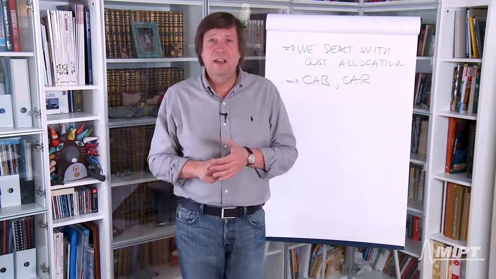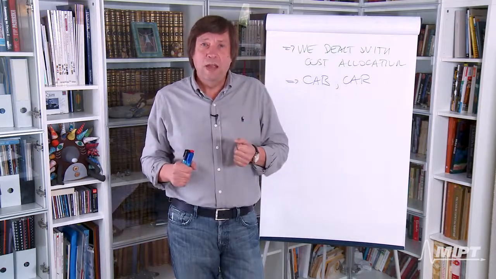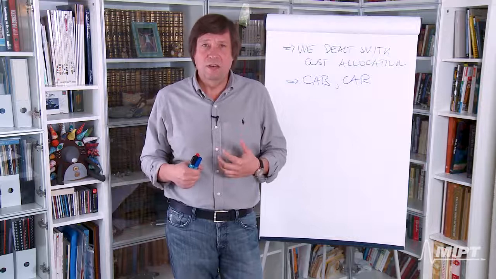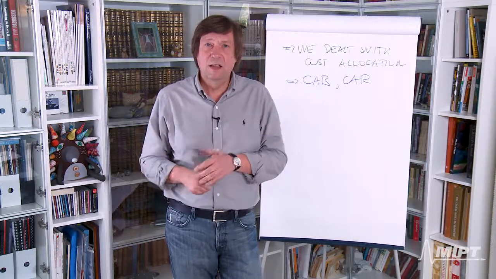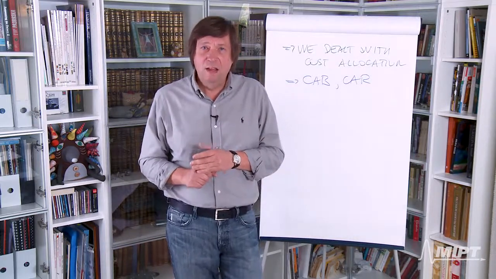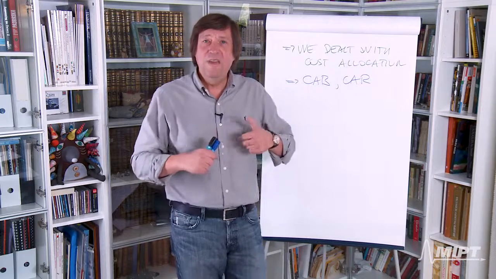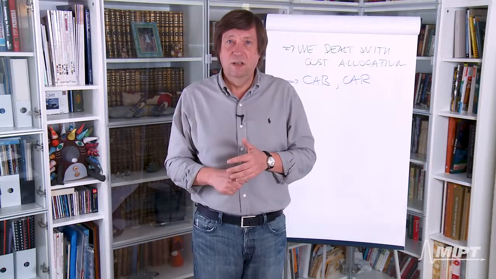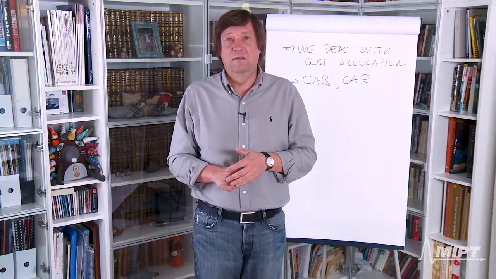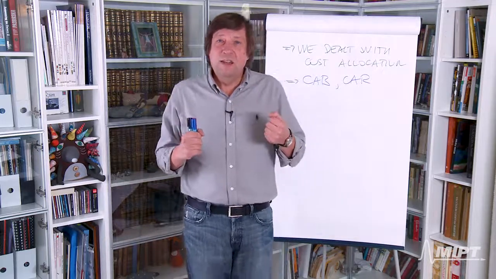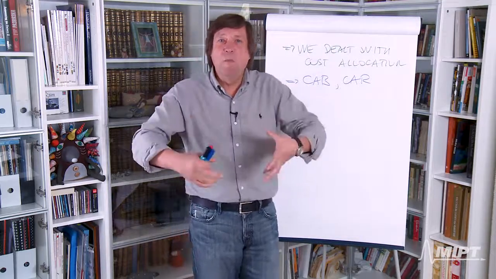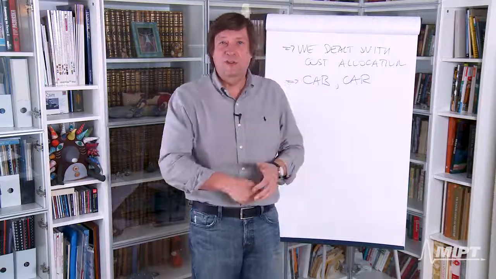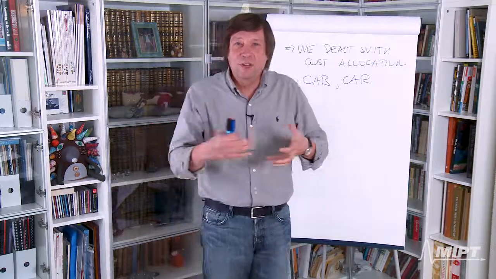What if we looked at our production processes or our activities and said, maybe it's better to take the activity itself as a cost base? So we will see that it is not the number of something that generates costs. It's a certain procedure, a certain activity.